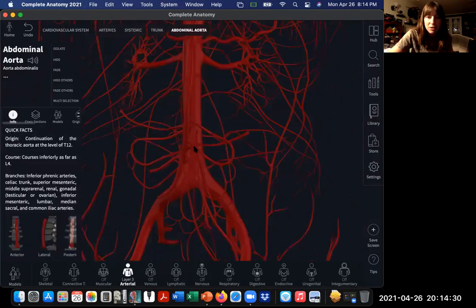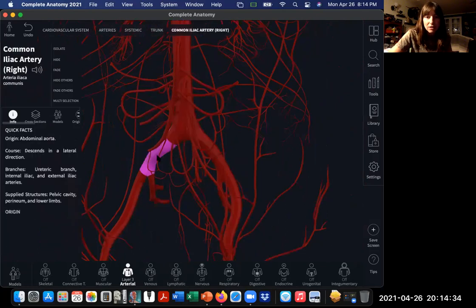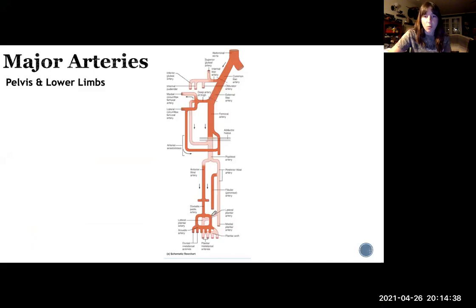And as we continue down, we're going to now look at the common iliac arteries going down into each leg. This is just one leg, obviously, right? So the abdominal aorta, the common iliac artery. As we go down, it becomes the external, and then another one kind of branches off and becomes the internal iliac artery.